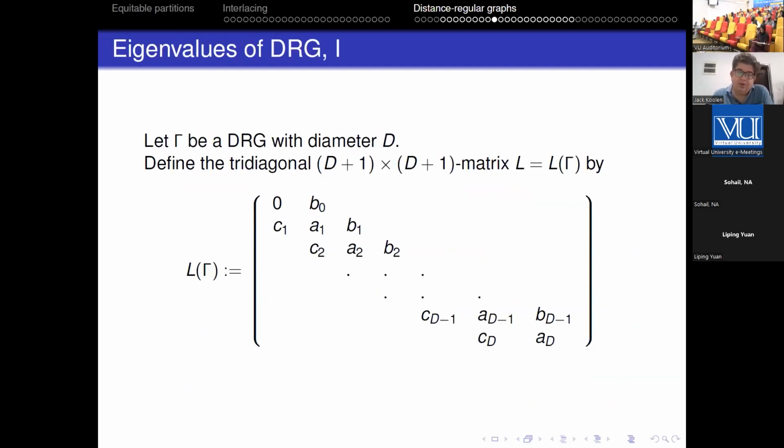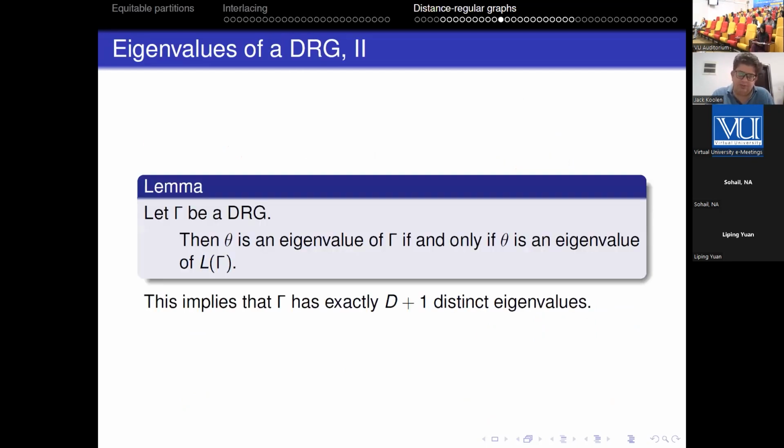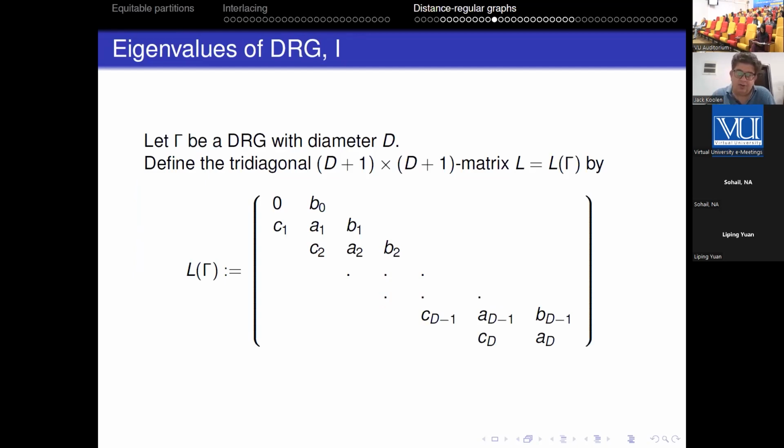So now I will discuss the eigenvalues of a distance regular graph. So the lemma is, if I have a distance regular graph, then it is an eigenvalue of the graph gamma if and only if it is an eigenvalue of this tridiagonal matrix. It is a tridiagonal matrix. The rest is all zero.